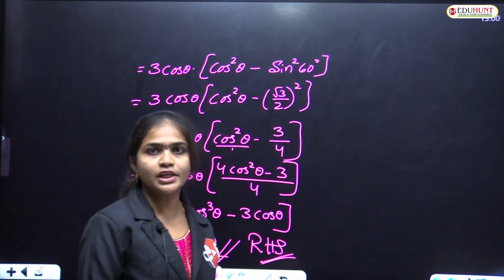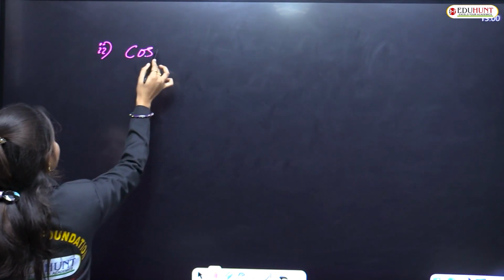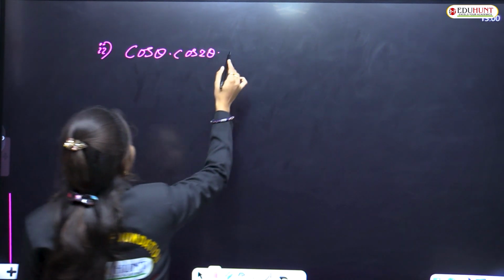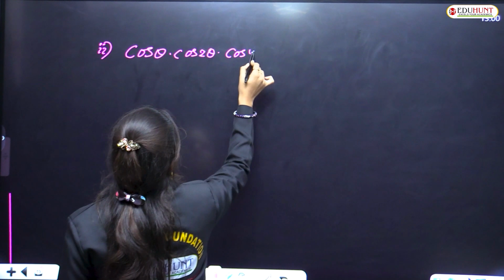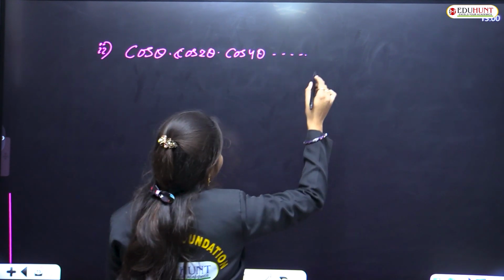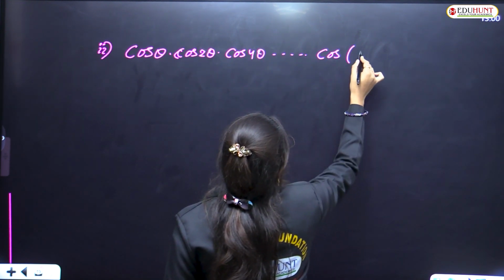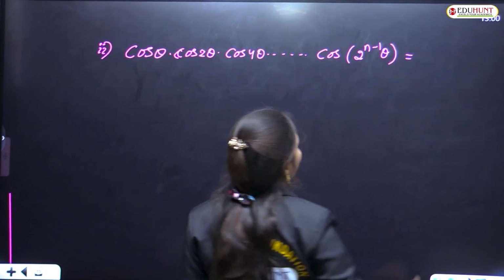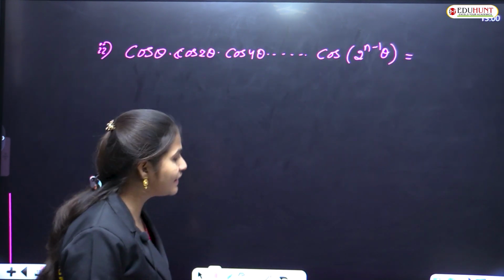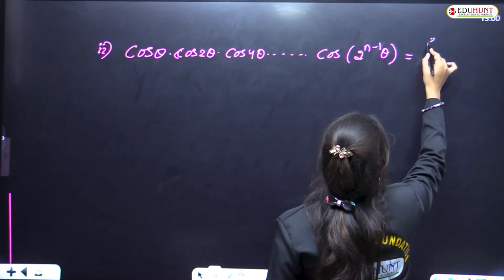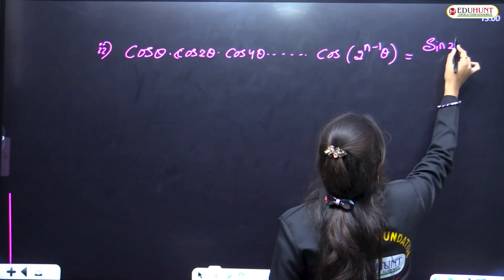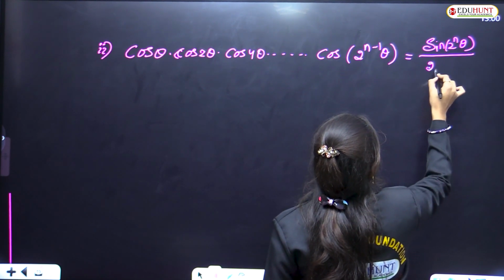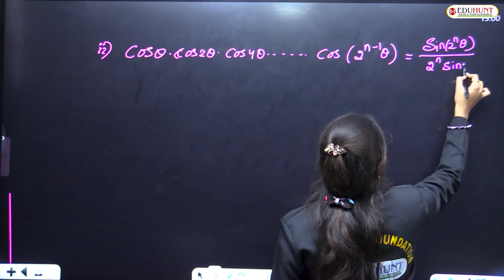Still we have one more proof, that is cos theta into cos 2 theta into cos 4 theta and so on into cos of 2 power n minus 1 theta, which is equal to sin 2 power n theta by 2 power n sin theta.